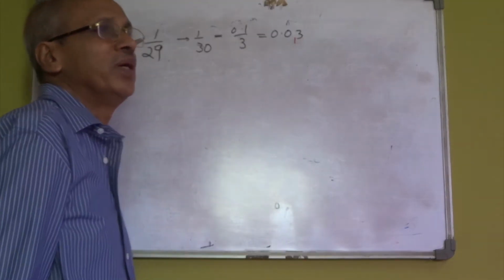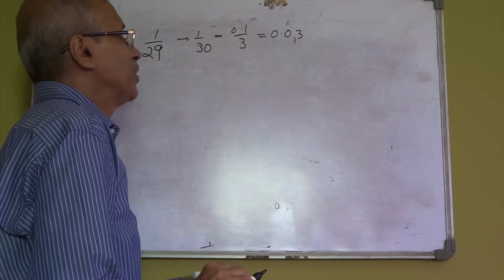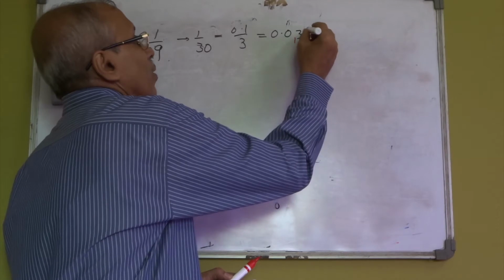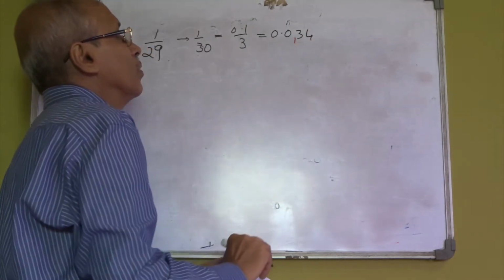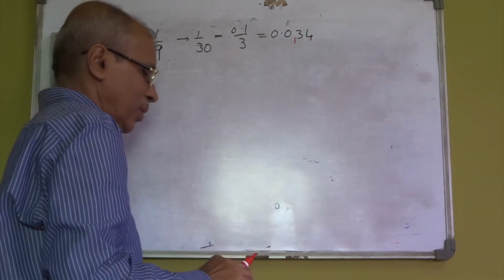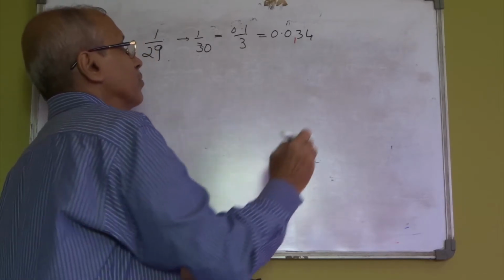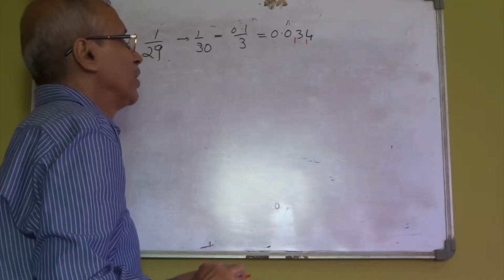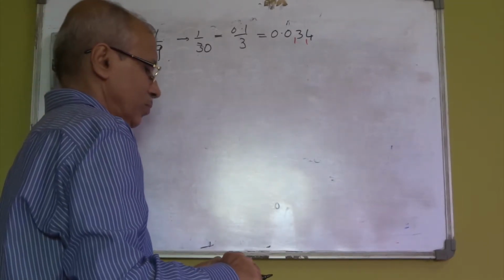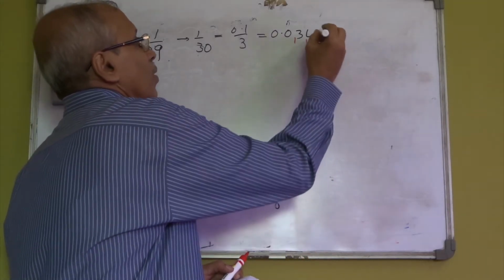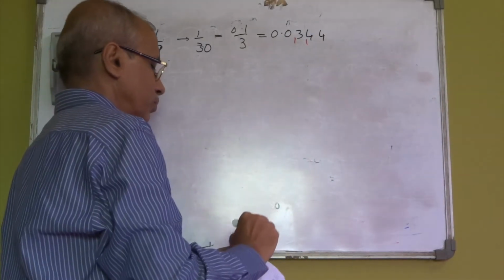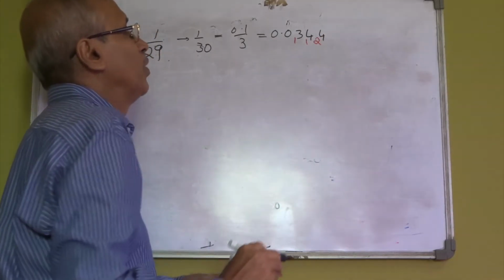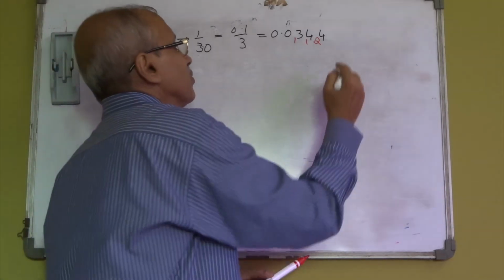Now the next dividend is 13. 13 by 3 is 4. The remainder is 1. Next dividend is 14. 14 by 3 is 4. Remainder 2. 24 divided by 3 is 8.